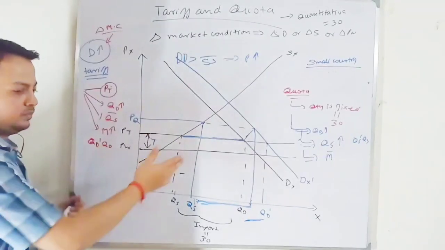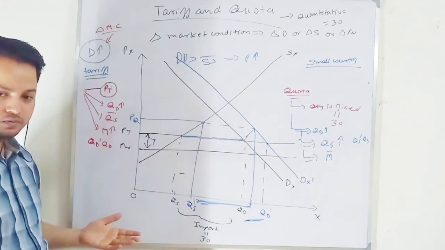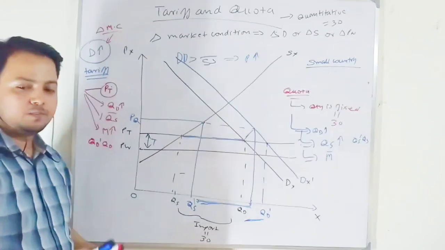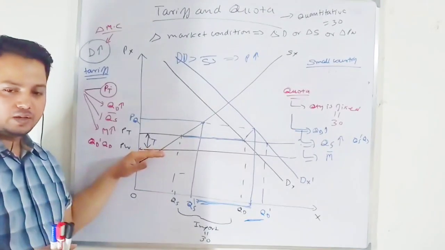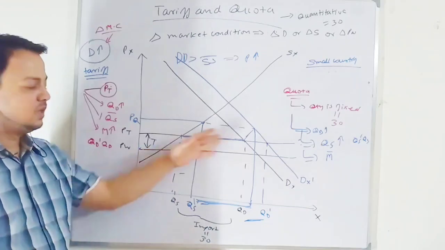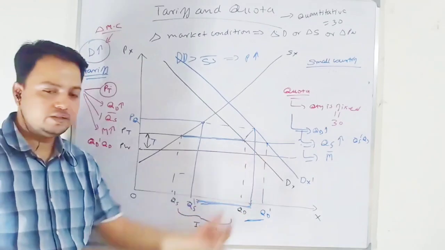In case of tariff, there is a relationship between the world price and tariff. When there is an increase in demand, given the world price, because this is a small country that cannot influence the world price, what will happen is that you directly import whatever extra increase in demand there is.